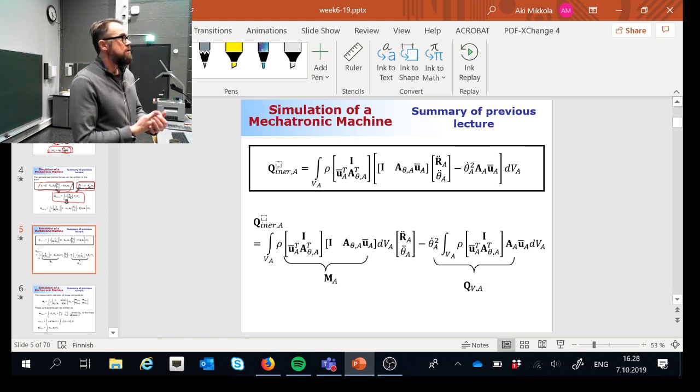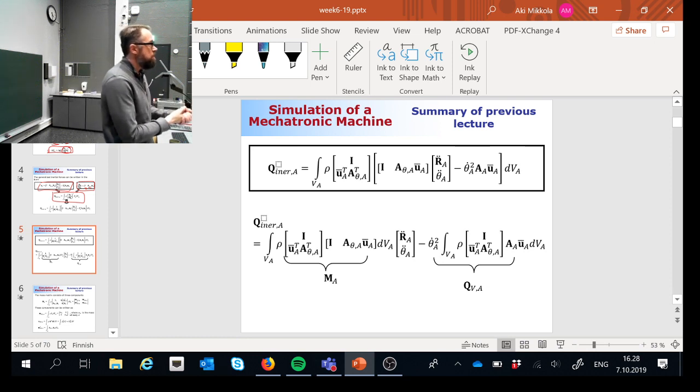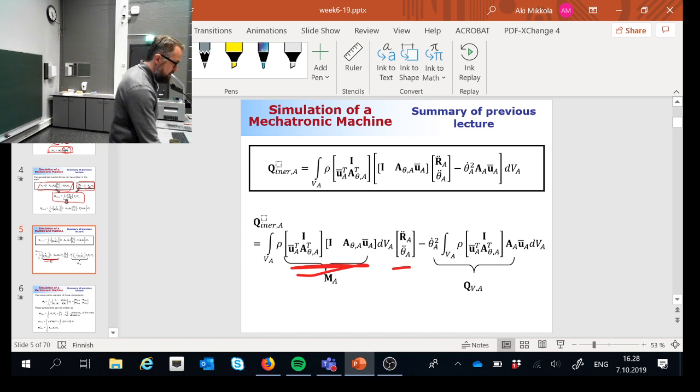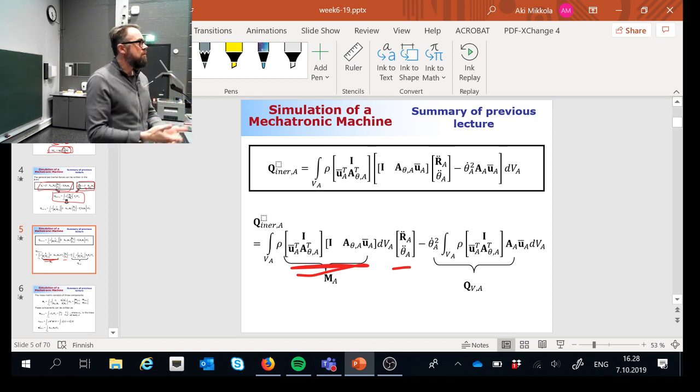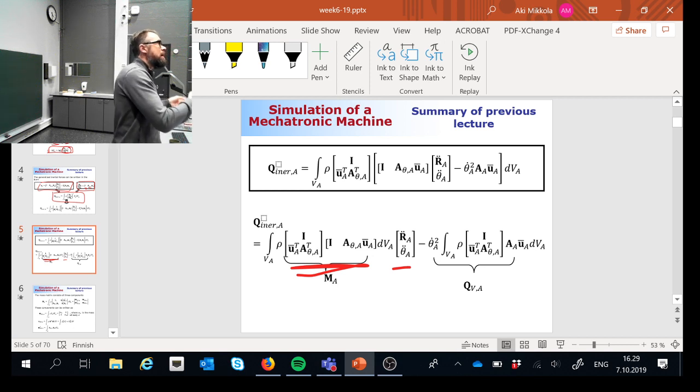Once substituting all that mathematics into this expression, the tensorized inertia forces can be expressed in such a way that they consist of two components. First one, I have here mass multiplied by acceleration: mass matrix multiplied by acceleration of tensorized coordinates. And now suddenly all this makes sense, because now I can express my equation of motion such that my tensorized coordinates are my vector of unknowns.